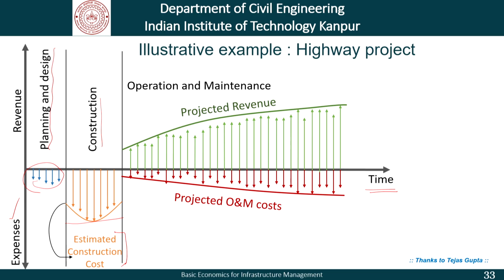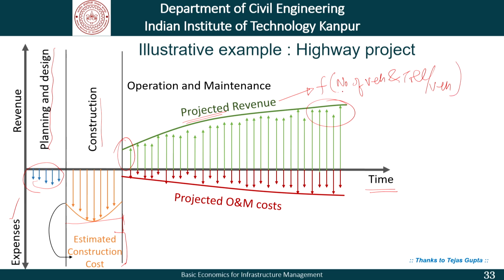Now, coming to the revenue side, only after this highway has been built can we have some revenue coming in by way of toll. So, we can have projections which will tell us that as time goes on, more and more revenue will be generated. Now, this revenue is a function of the number of vehicles that use it and the toll per vehicle that we impose.